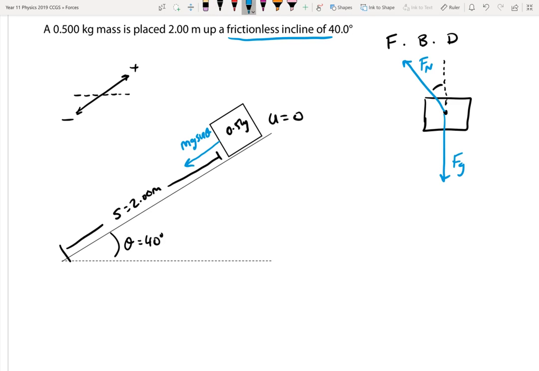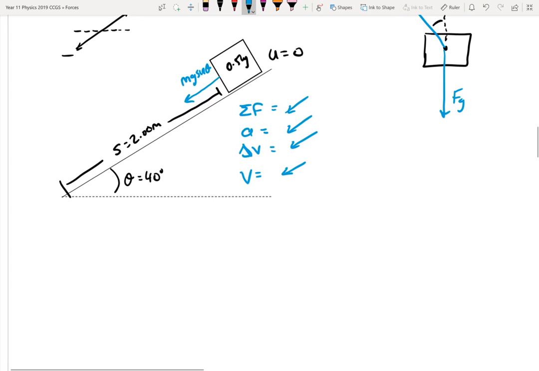All right, so here's what I would like you all to do. Let's solve for the following: the net force, the acceleration, the change in velocity, and the final velocity. And I can tell you these are all vectors, and they're obviously all going to be acting down the incline. They're all fairly simple. So, sum of all forces equals ma equals mg sine theta.